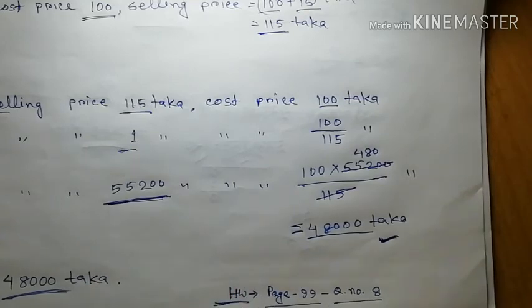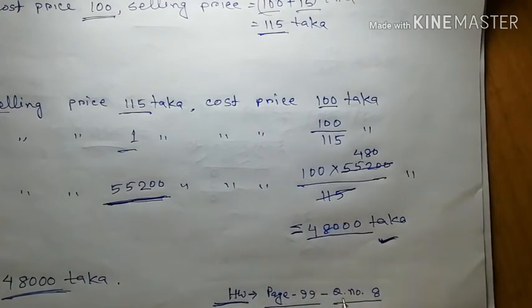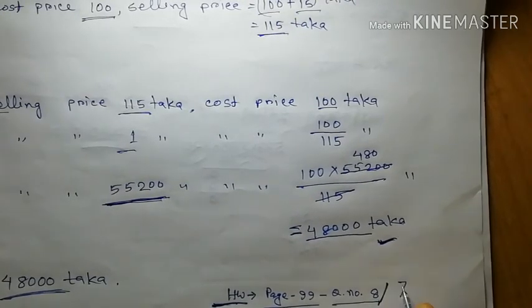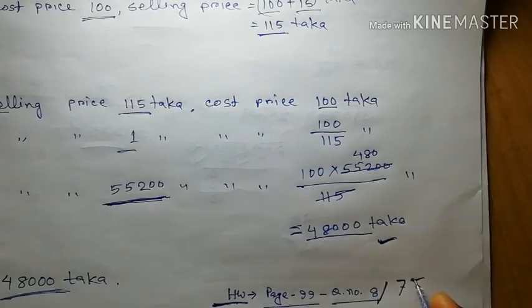CW and SW are the same, only numbers will be changed. So you do the SW in your SW copy according to today's date, and you can try question number 7 also. It will be easy, you can do it.